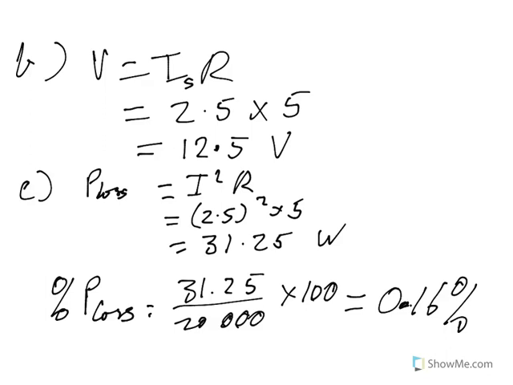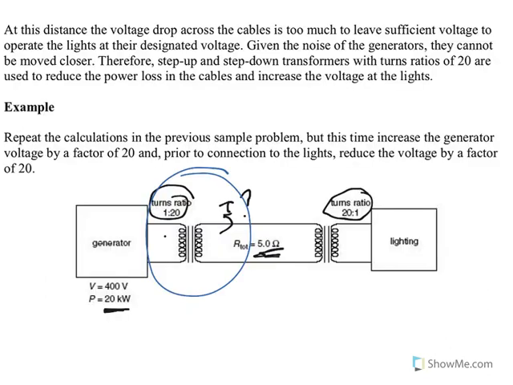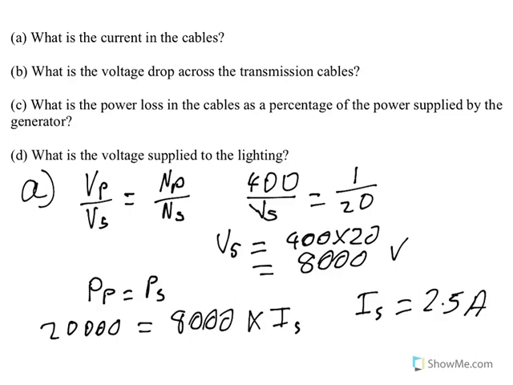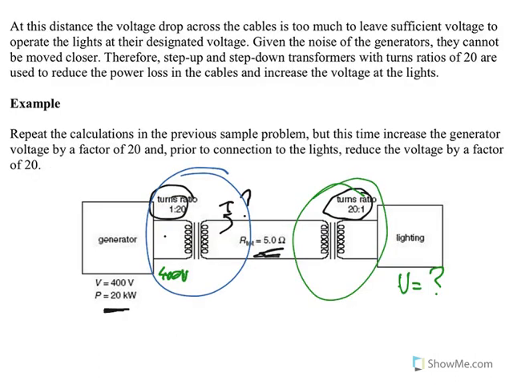All right, the last part of the question says, what is the voltage supplied to the lighting? So now we need to look here, and we want to know this voltage here. Remember, what we had produced was 400 volts there, and then it steps it up to 8,000.